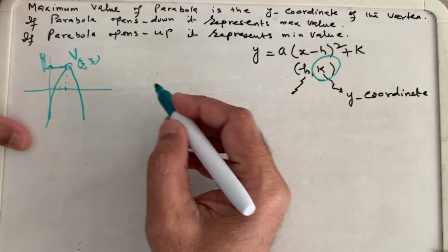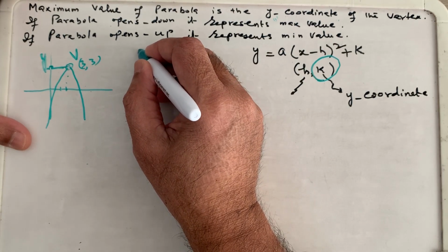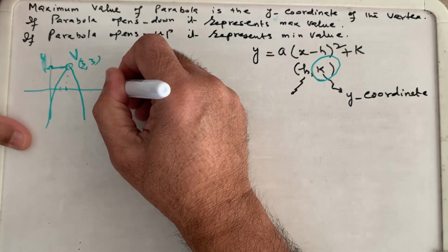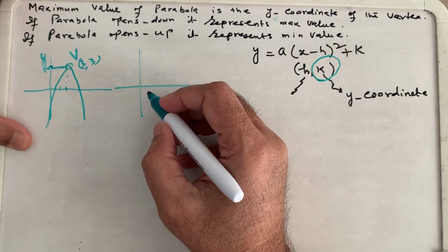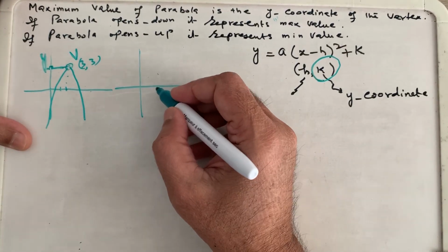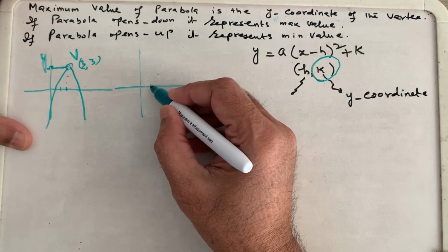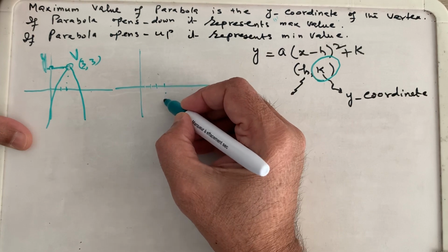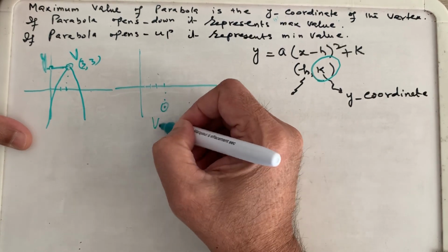For example, let me draw another graph, for an upward parabola. So I have some vertex which is, let's say, 1, 2, 3, 4 and 1, 2, 3. This is my vertex. What is my vertex here?